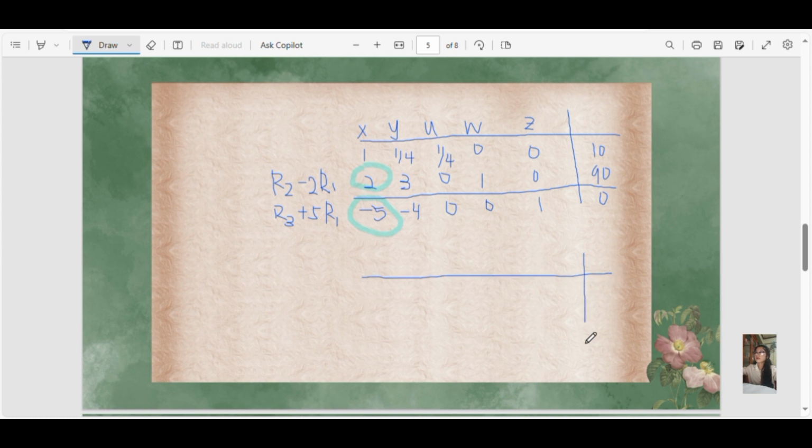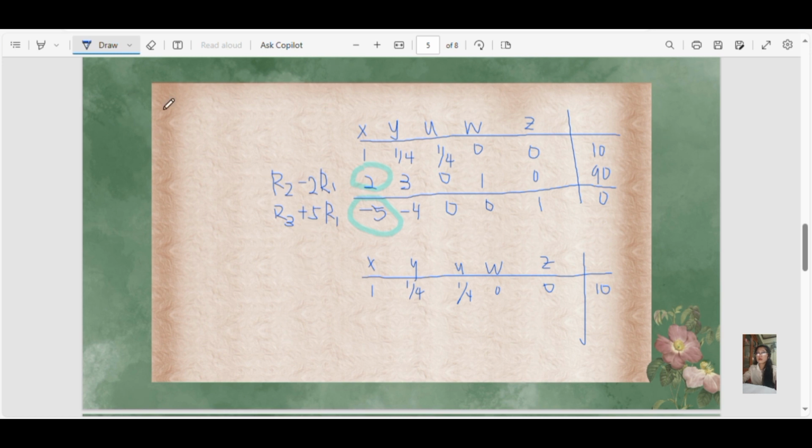Let's make another table: x, y, u, w, then z. Let's copy the first row: 1, 1/4, 1/4, 0, 0, 10.